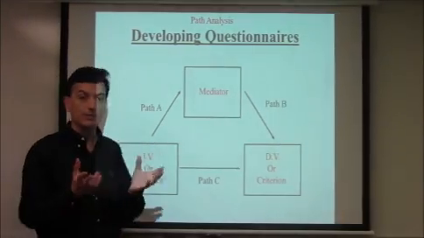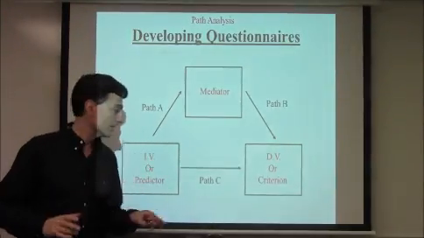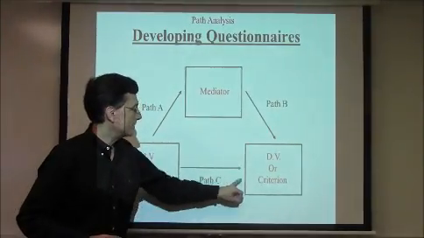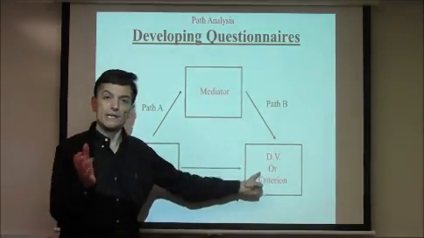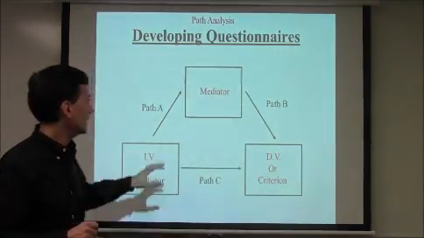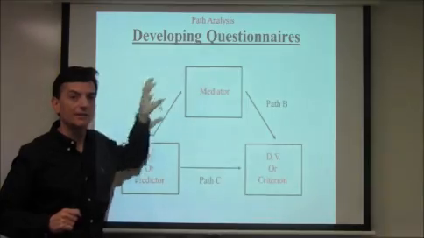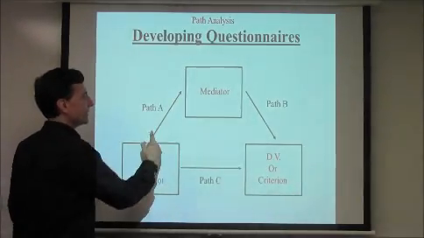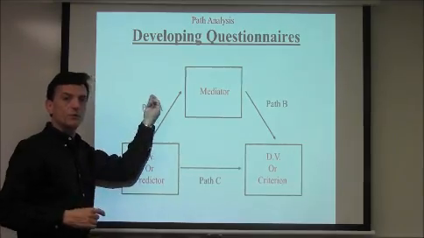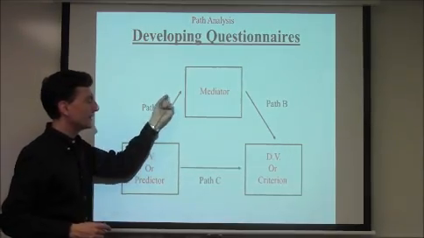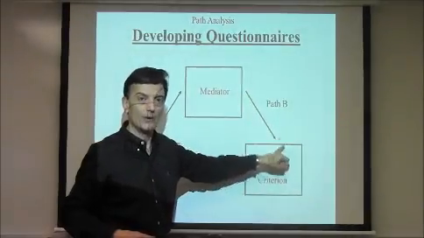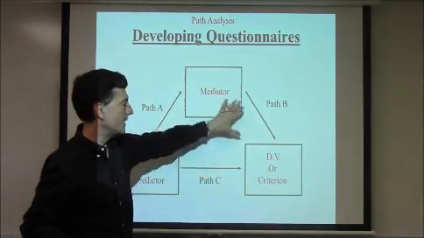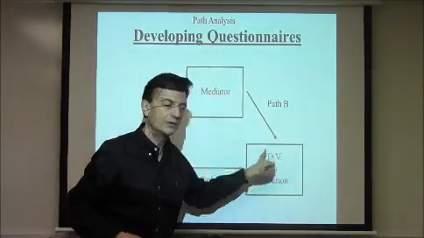We could actually take a Pearson or a Spearman R, and we can find what that relationship is. We can then introduce a potential third variable, which we have up here. We'll call that generically our mediator, and we'll look at the relationship between the IV and that variable, and we'll get a Pearson or Spearman correlation going on there. And finally, we'll get one more pairwise correlation between the mediator and our outcome variable, or our criterion variable.